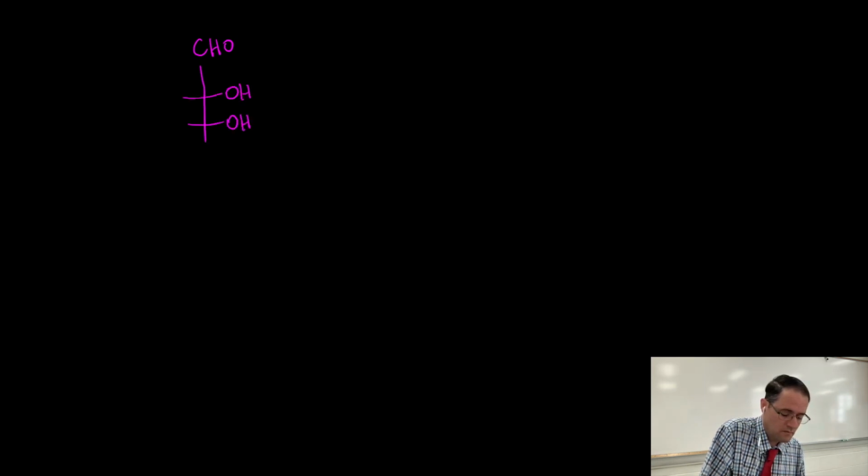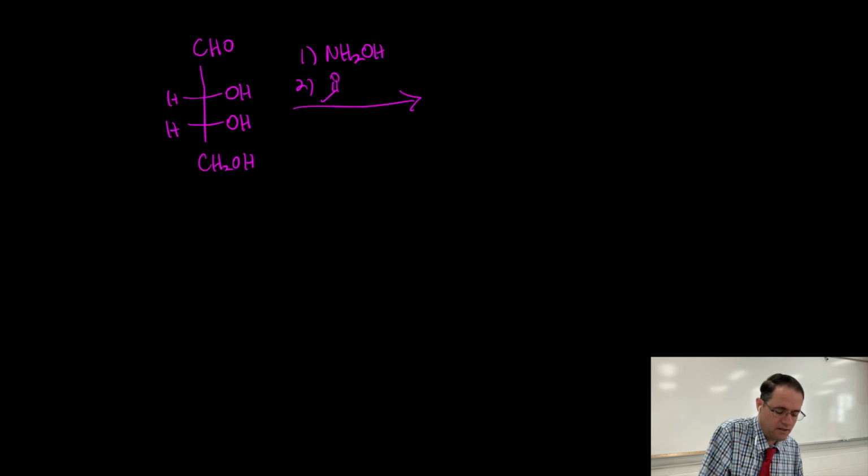Let's do threose. Okay. So step 1, we add hydroxylamine. Step 2, we add acetic anhydride.